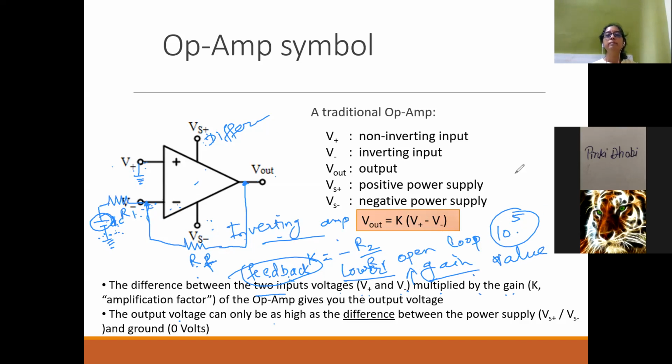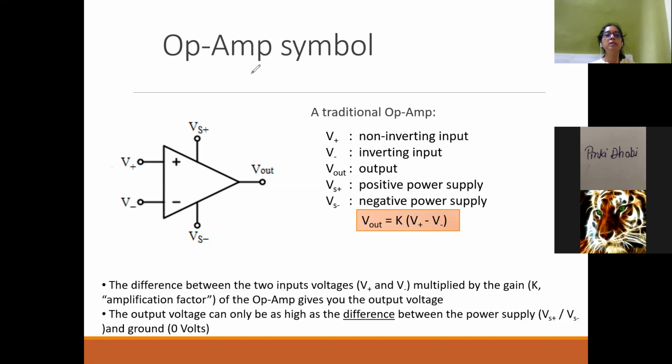Now imagine your circuit has a 10 millivolt input. The output equation is output equals gain multiplied by input, Vin.